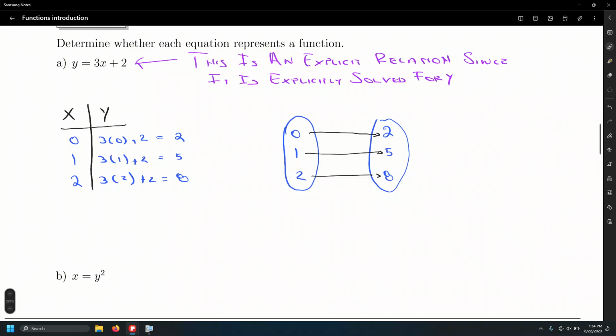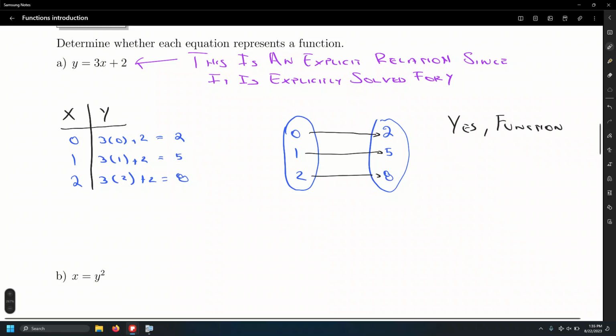Only one output, right? So here we're only going to one single place at one single time. We're not getting two results for the same input, which in this case, yes, is a function.